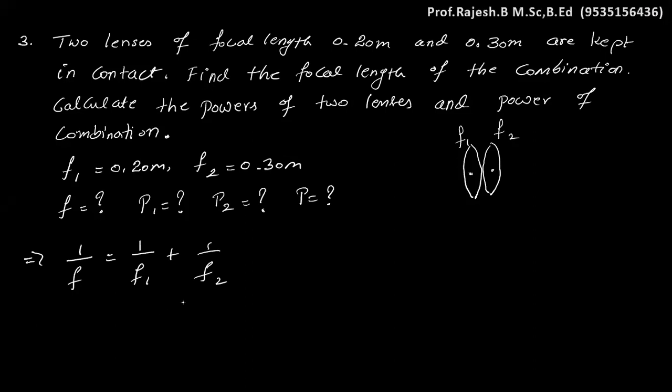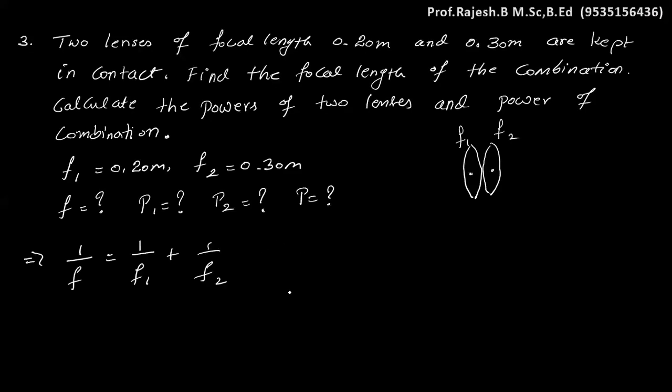These two are reciprocals, right? So further we can simplify like this. We can simplify this one as F1 plus F2 divided by F1 F2. Therefore, F becomes F1 F2 divided by F1 plus F2.